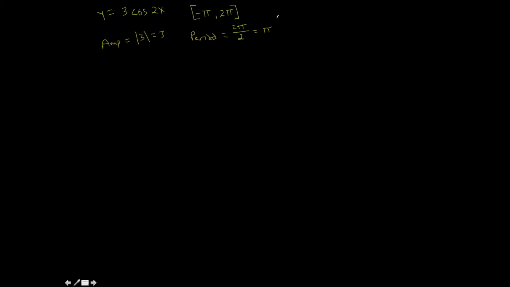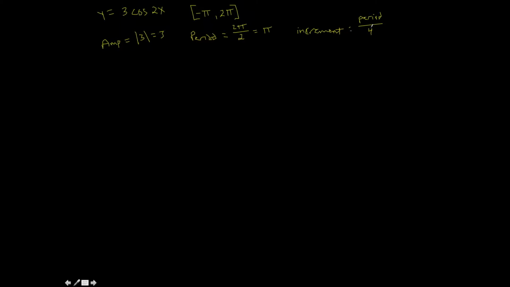Now, we have something that we haven't had to consider so far. Normally, we've had basic sine and cosine graphs. And so we really haven't had to consider something called an increment. Basically, the increment is the period divided by 4.